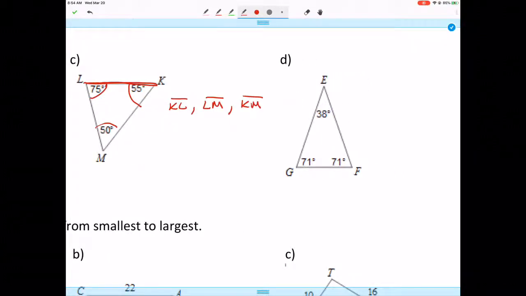Okay, and again, we have two angles that are the same, and we have the smallest one here. So the smallest side would be GF, and then EF is congruent to EG. Okay, they have the same sides.